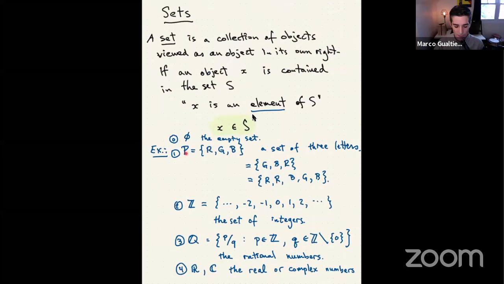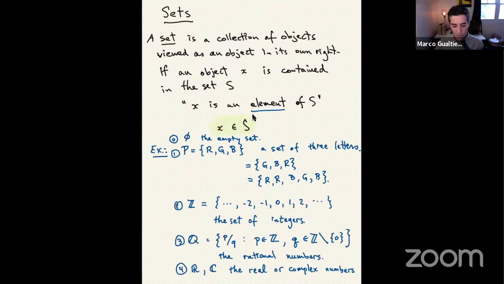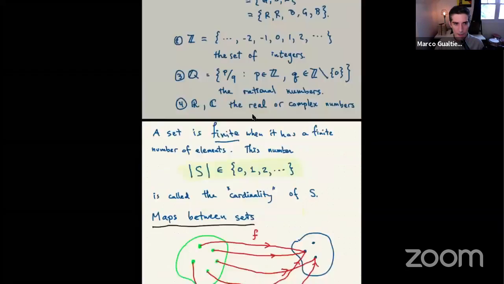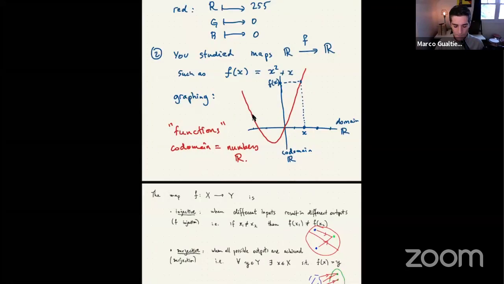R is an element of the set P. G is an element of the set P and B as well. So this is explaining the fact that this is an element inside the set S. It's contained in S. Anything else? No, thanks.